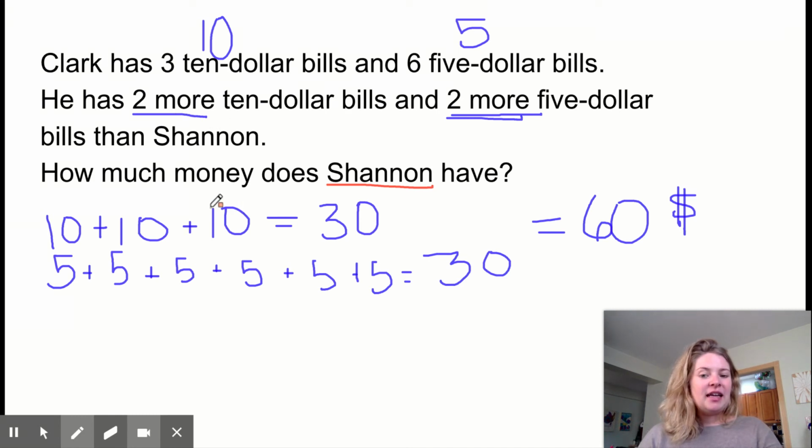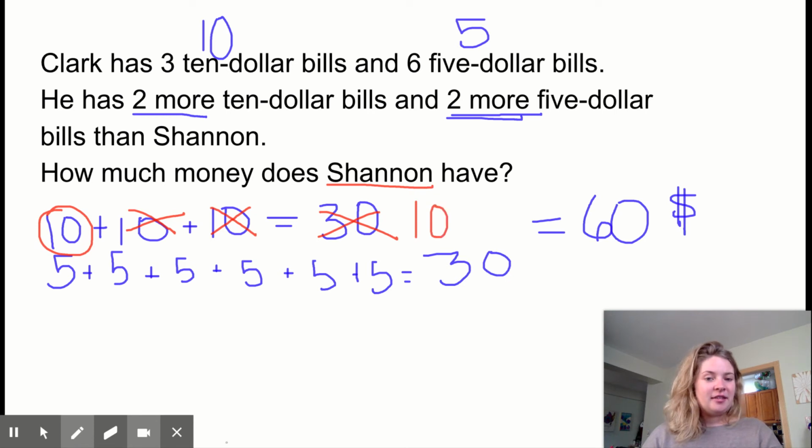So we need to take 2 of those $10 bills away for Shannon because Clark has more. If we want to find out how much Shannon has, we would take 2 $10 bills away. She only has 1 $10 bill. So Shannon actually only has $10 with her $10 bills.